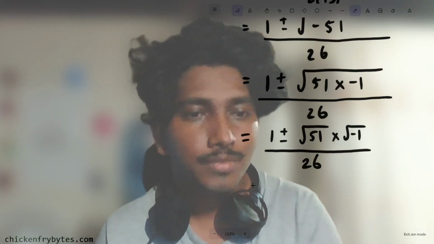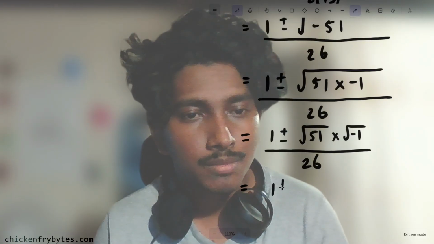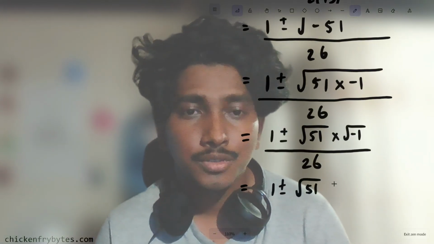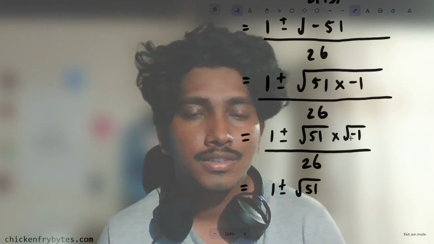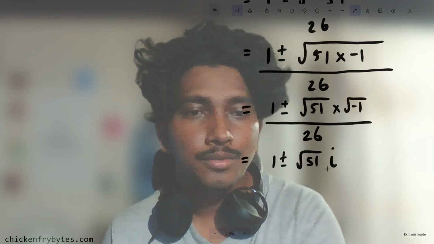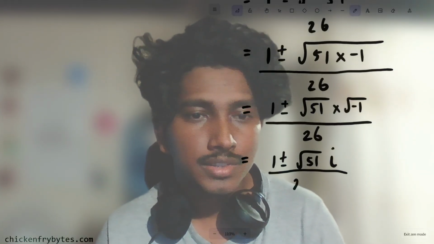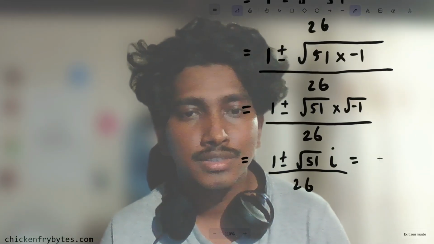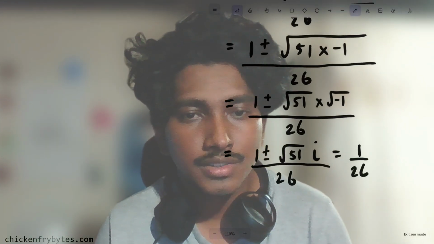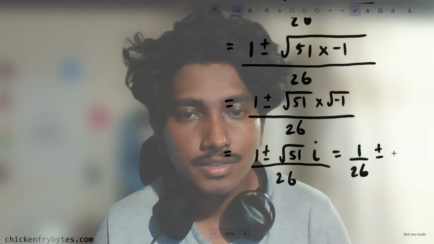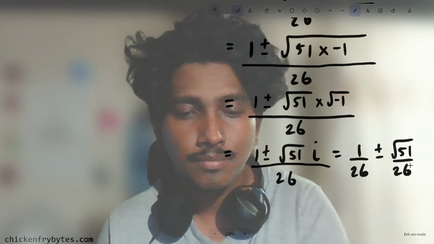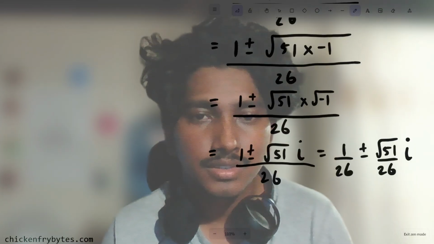And we're almost done, because here we have 1 plus or minus the root of 51, which is just a number. It's a coefficient of i in this case, because the root of -1 is simply i. And we have all divided by 26, in which case we can split it to make it easier to visualize: 1 upon 26 plus or minus the root of 51 over 26, all times i.